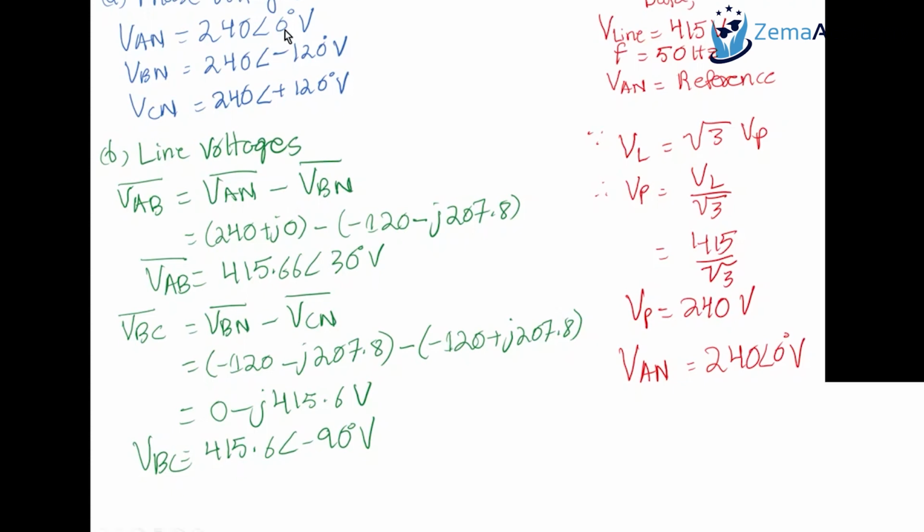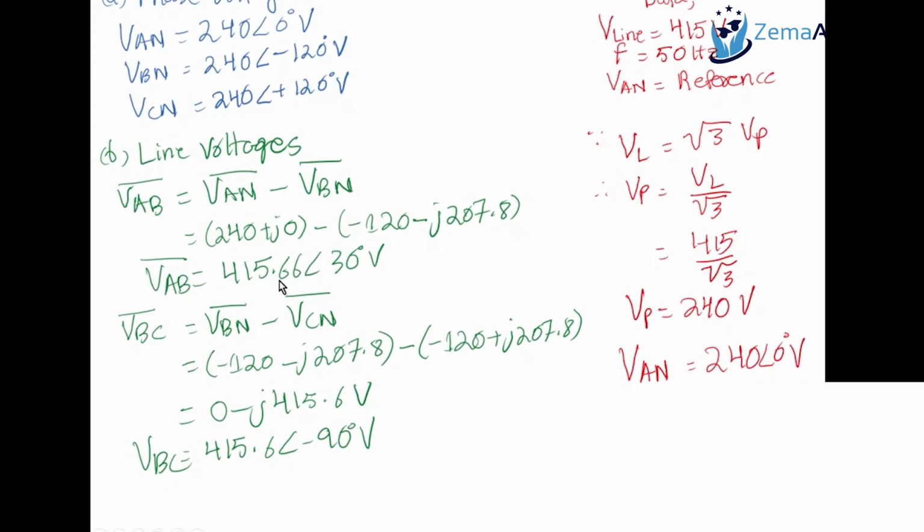In the phase voltages, if you divide 415 by square root 3, that's 239.6, so I have rounded the number up to 240. That's why my answer comes out 0.66 more. But don't worry, it is not about those little differences, it's all about the calculation.